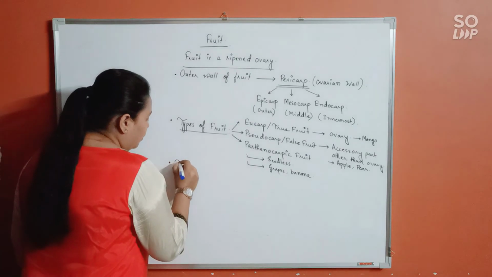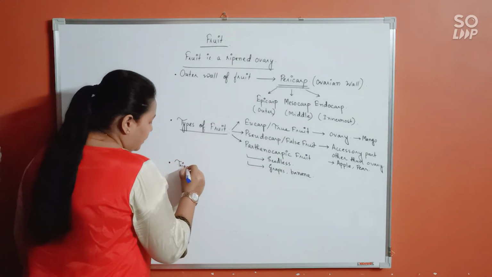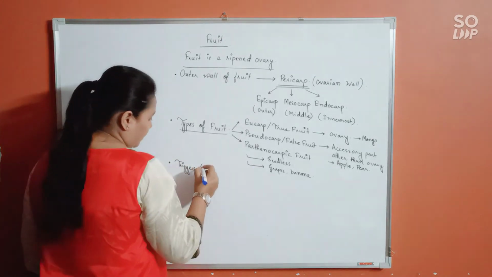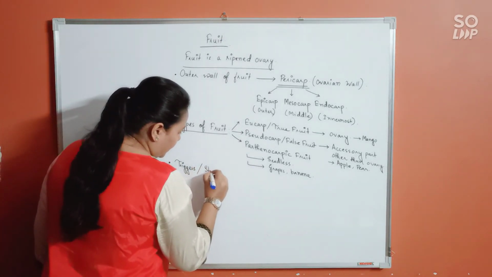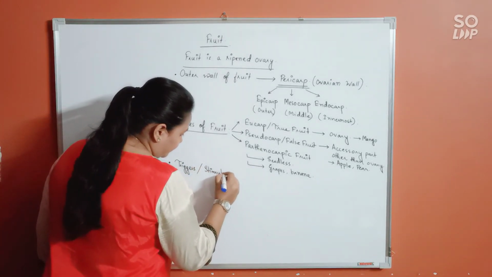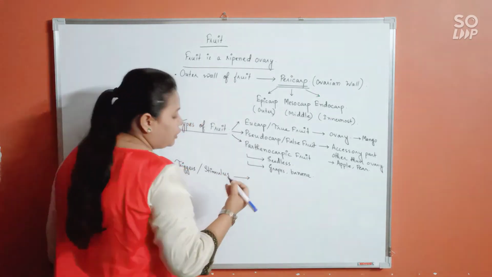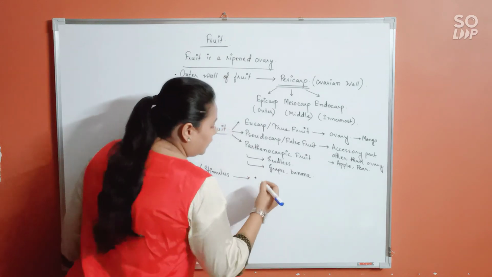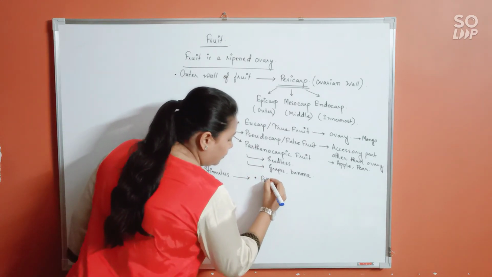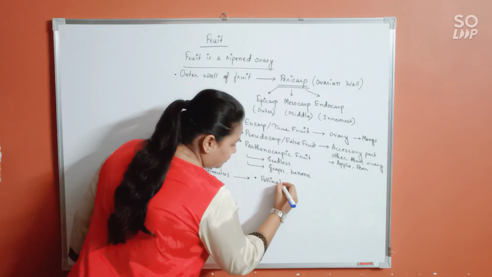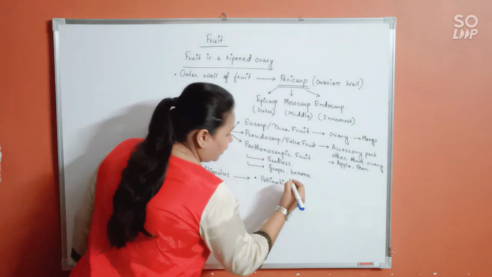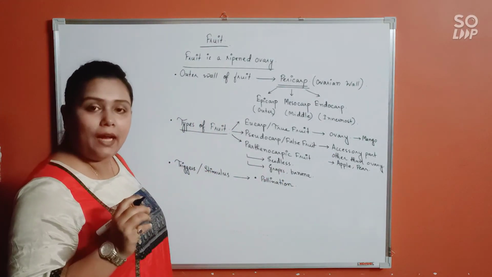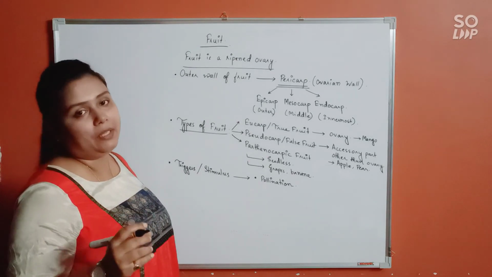Here we are talking about triggers or stimuli by which a fruit develops. The first one comes during pollination. When pollination occurs, this is the first trigger that now fruit development can begin.